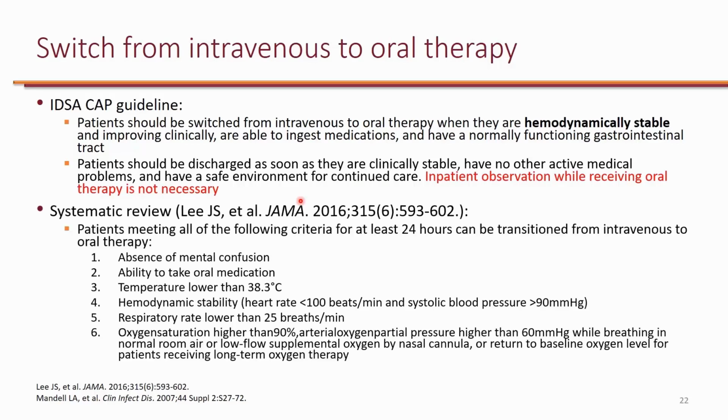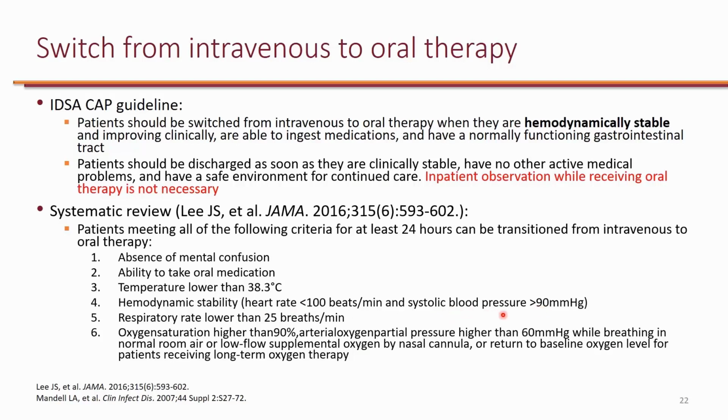Now, there was a systematic review published in JAMA in 2016 that looked at the evidence for criteria helping transition patients from IV to PO. Basically: absence of mental confusion, ability to take oral medications, absence of fever, and hemodynamic stability, which is defined as heart rate less than 100 and, of course, systolic blood pressure greater than 90.